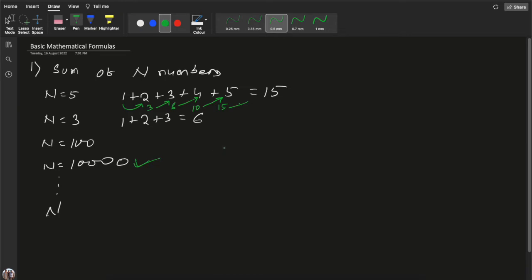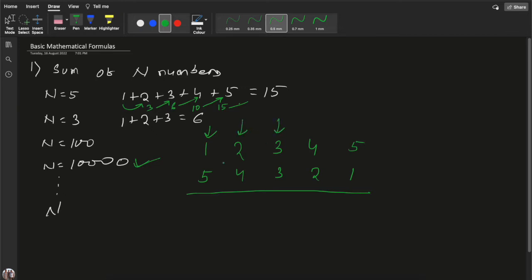So let's observe this first. Let's say n is equal to 5, so I can write like this: 1, 2, 3, 4, and 5, right? This is the ascending order. Let me write in descending order also: 5, 4, 3, 2, and 1. Now let me add these digits.